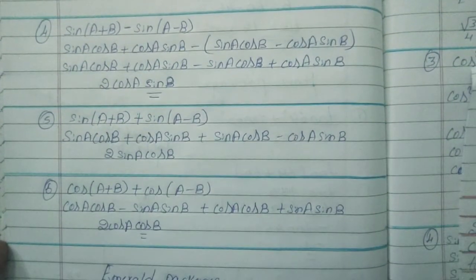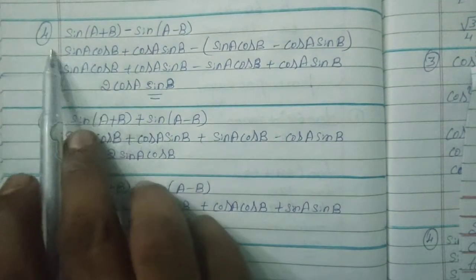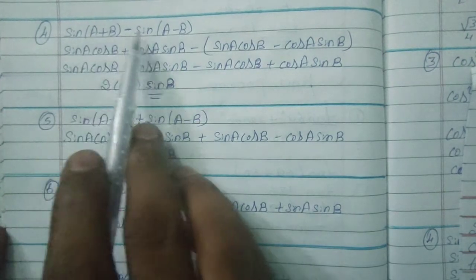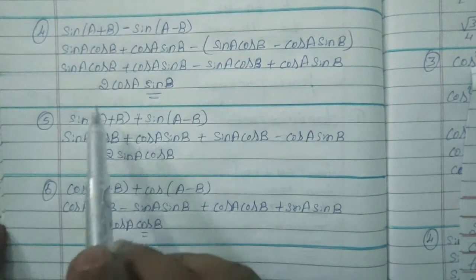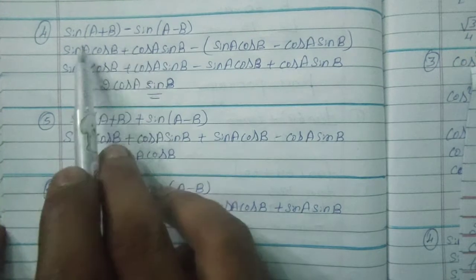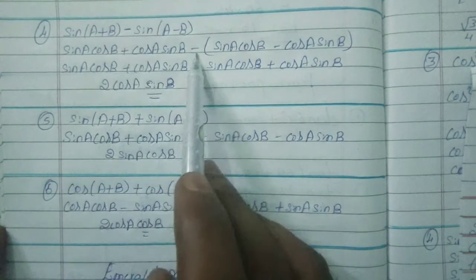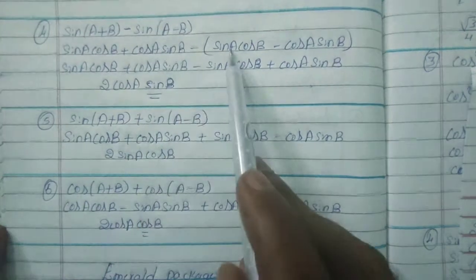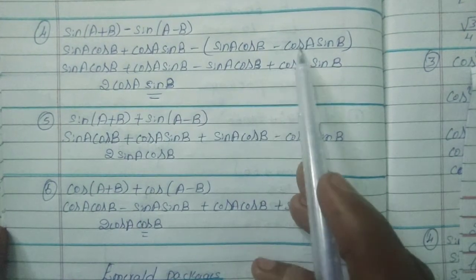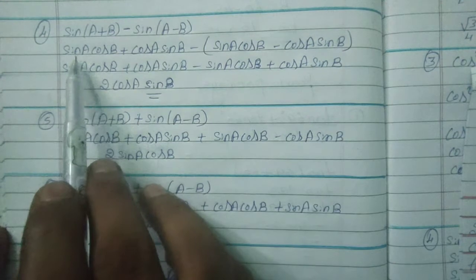Question number 4. Sin(A + B) minus sin(A − B). You need to just apply the formulas. What is sin(A + B)? Sin A cos B plus cos A sin B, minus, what is sin(A − B)? Sin A cos B minus cos A sin B. Remove the bracket.